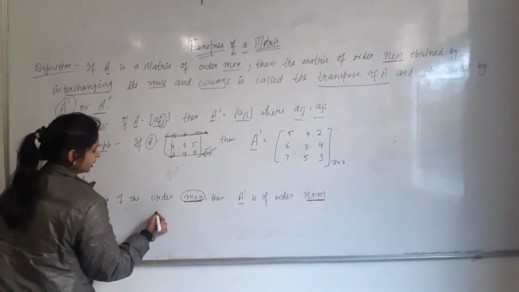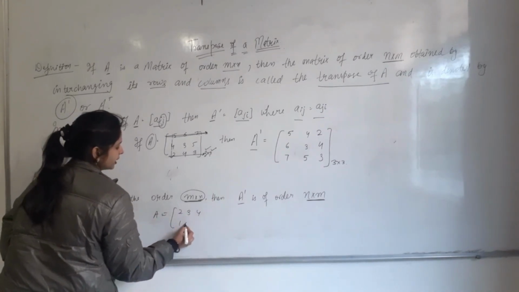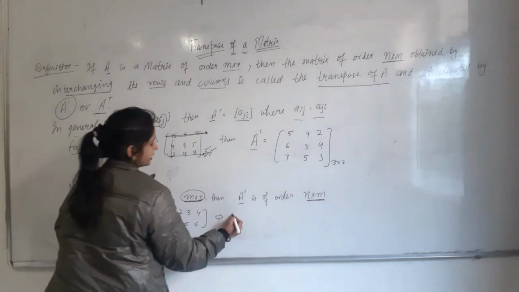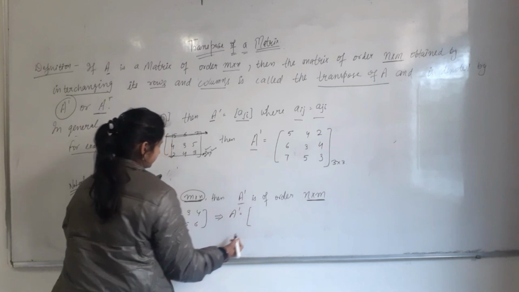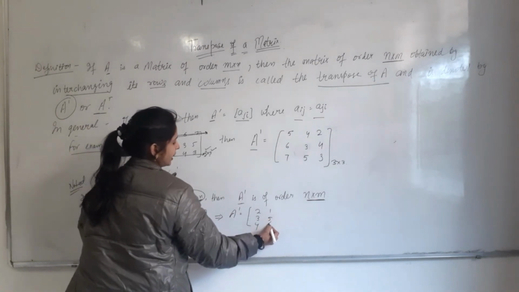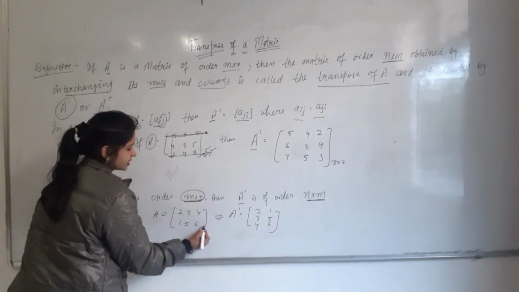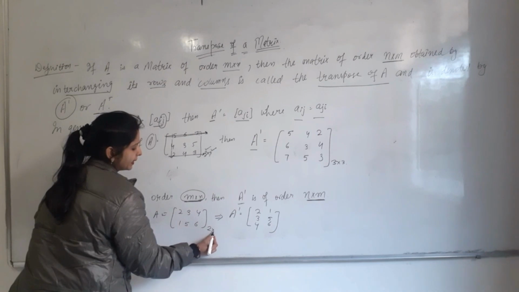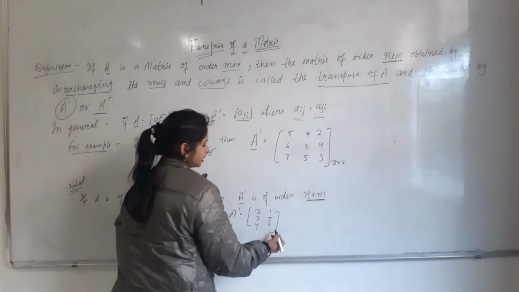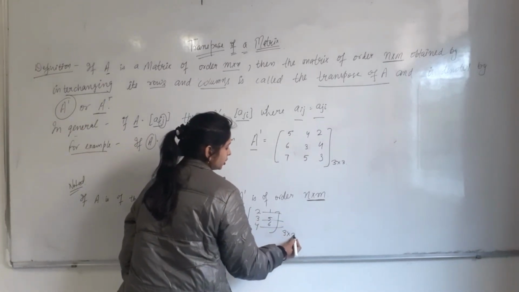But if we take matrix A as 2, 3, 4, 1, 5, 6, then the transpose of this matrix will be 2, 3, 4, 1, 5, 6 arranged in columns. Look here, the order of this matrix is 2 rows and 3 columns, and the order of the transpose is 3 rows and 2 columns, 3 by 2.